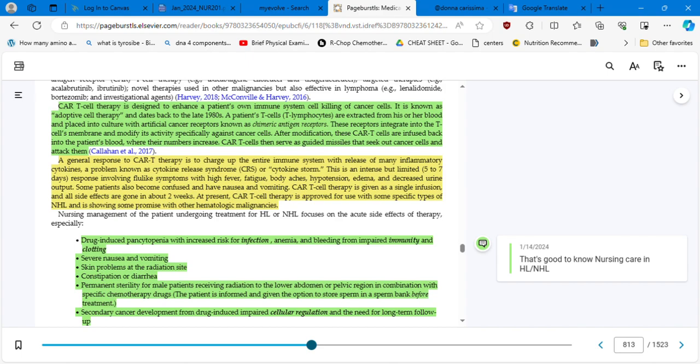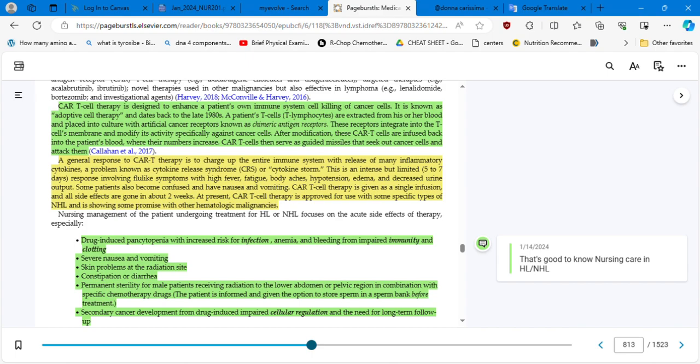So they basically take your T lymphocytes, retrain the cells, and add cancer receptors called chimeric antigen receptors. That is where the name CAR T cells comes from, right? And then they put them back into the system.